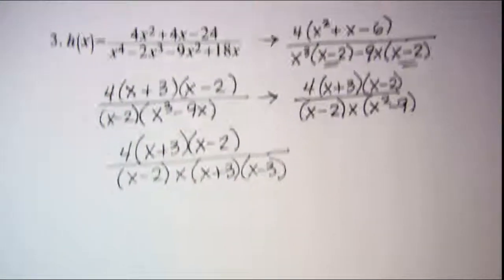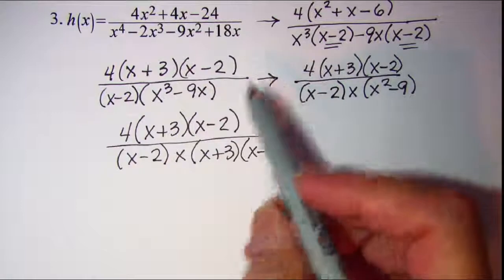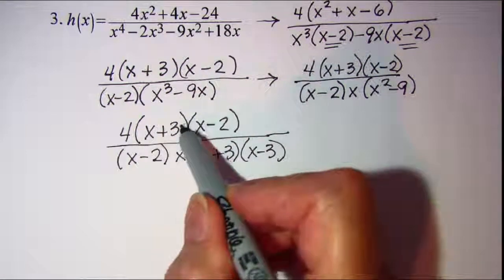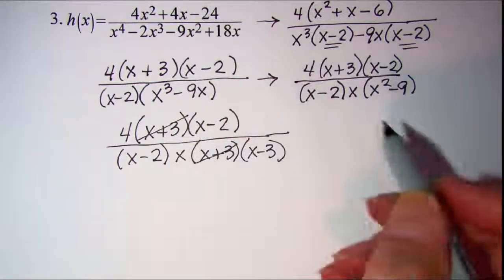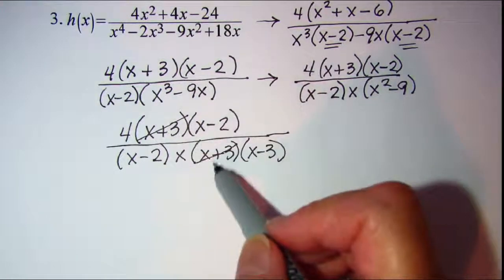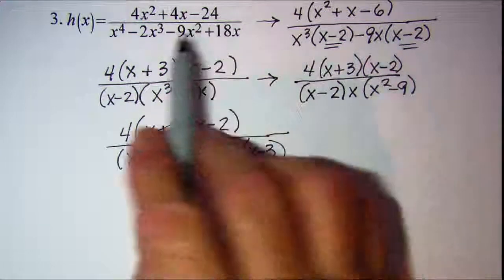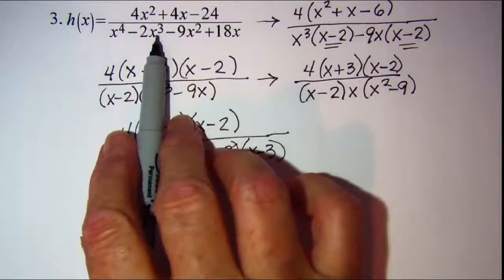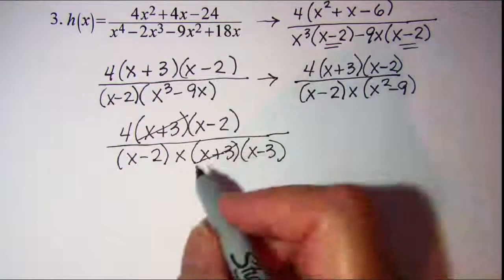Alright, now I'm ready to determine asymptotes and holes in the graph. Notice that this factor of x plus 3 is in both the numerator and the denominator. So it will cancel off, but I need to indicate that that's a problem in the original function, and it'll be a hole in the graph rather than an asymptote.